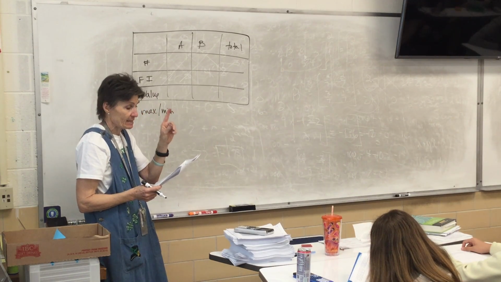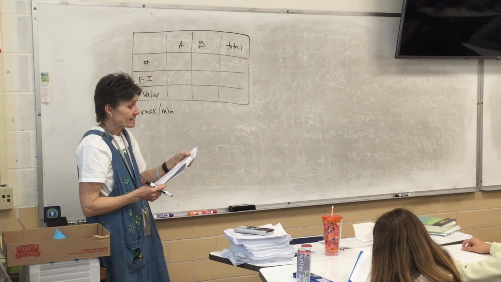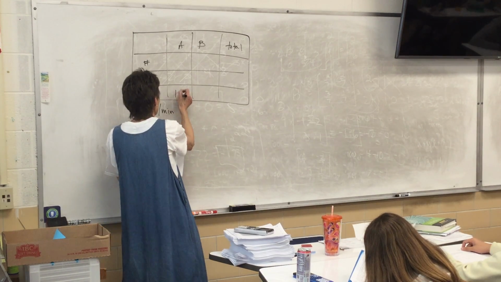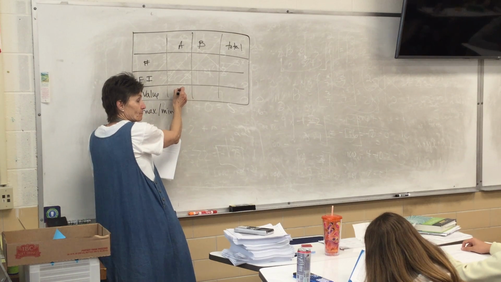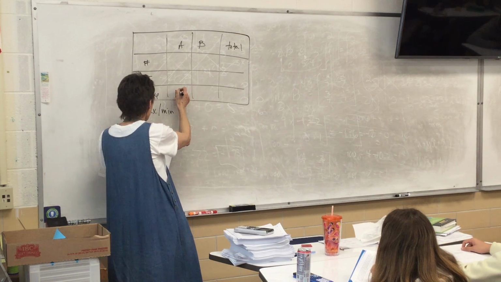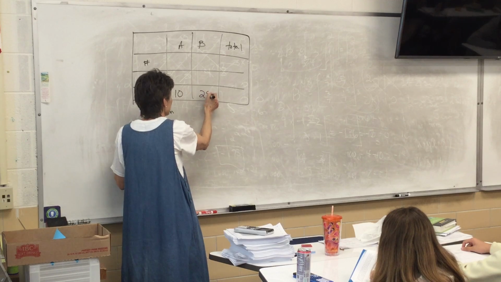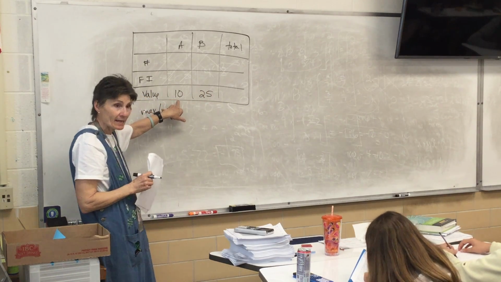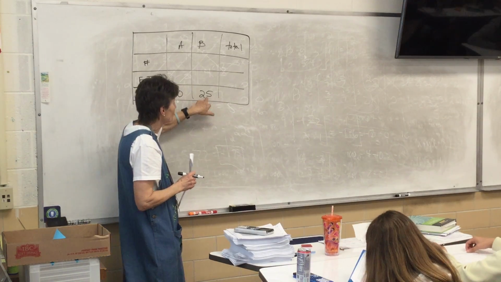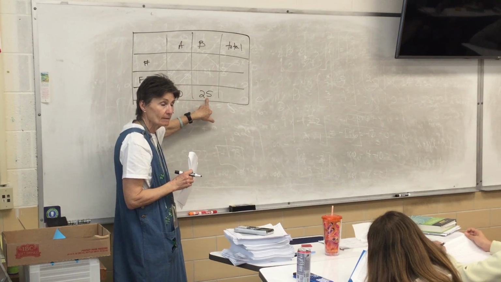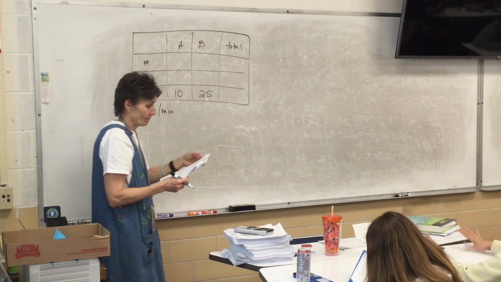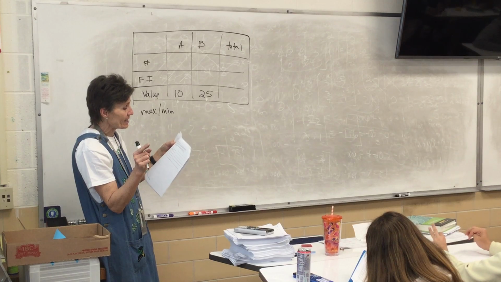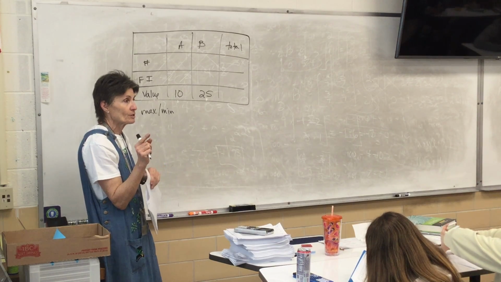That part's easy. All right, you're about to take a test that contains questions of type A, which are worth 10 points, and type B, which are worth 25 points. The value of A is 10 points, and the value of B is 25 points. You must do at least 3 A's, but not more than 12.